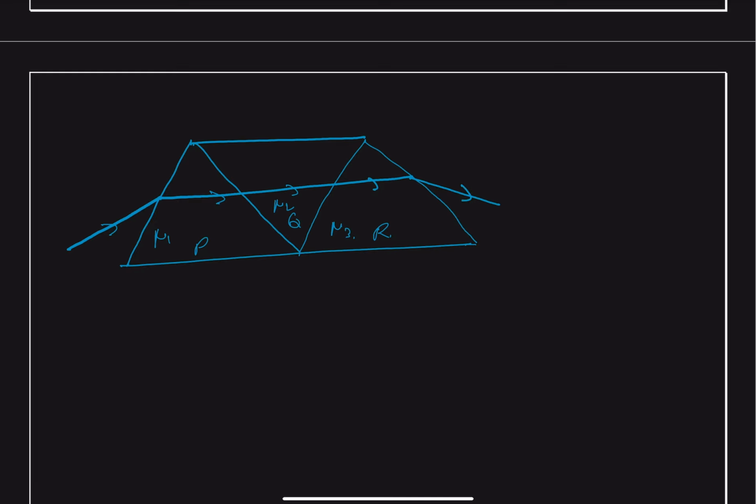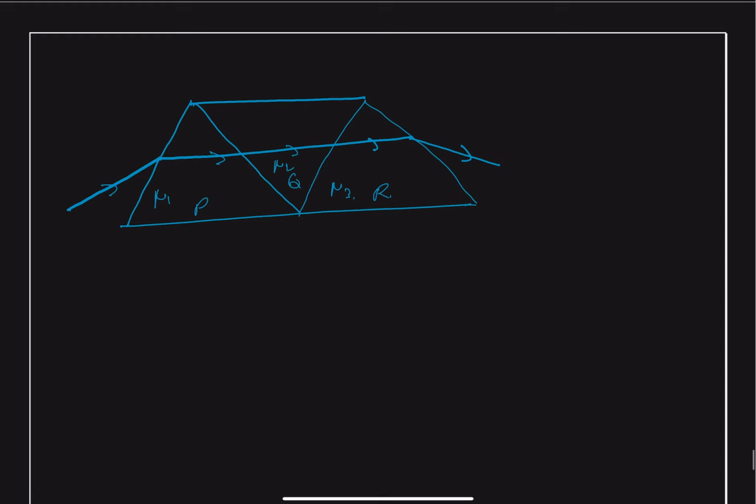And the options were whether it will have a deviation, the same deviation, and something like that. We were told in the question that these prisms have the same characteristics.